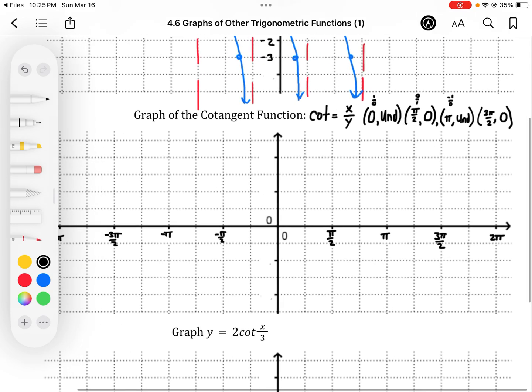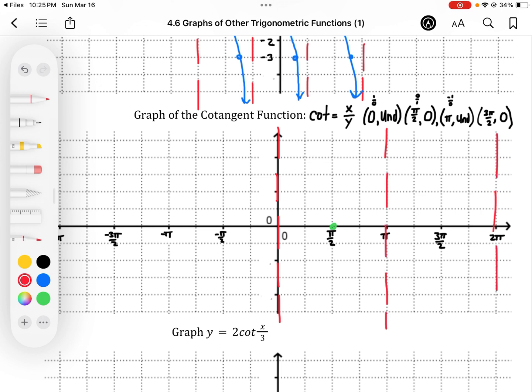I start out at 0, I'm undefined. So I'm starting out with an asymptote on this one. And we'll write that down because that's going to be important. We start with an asymptote. And then at pi over 2, I've got 0. At pi, I've got an asymptote.